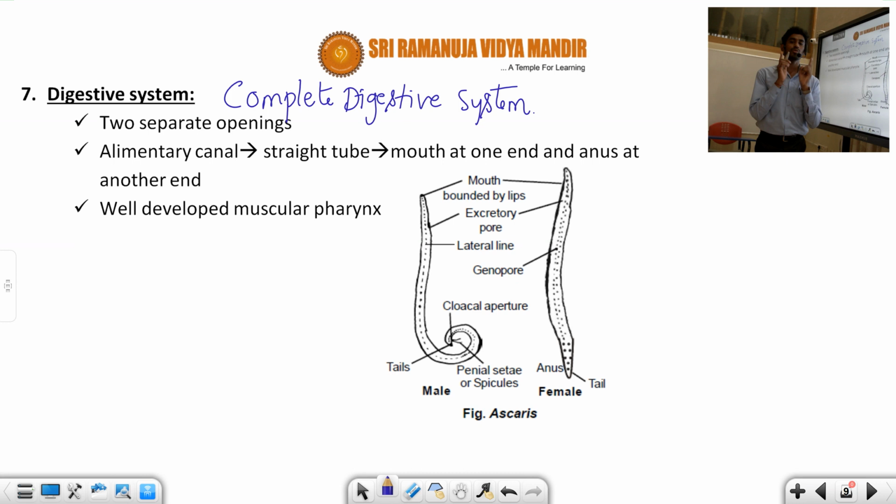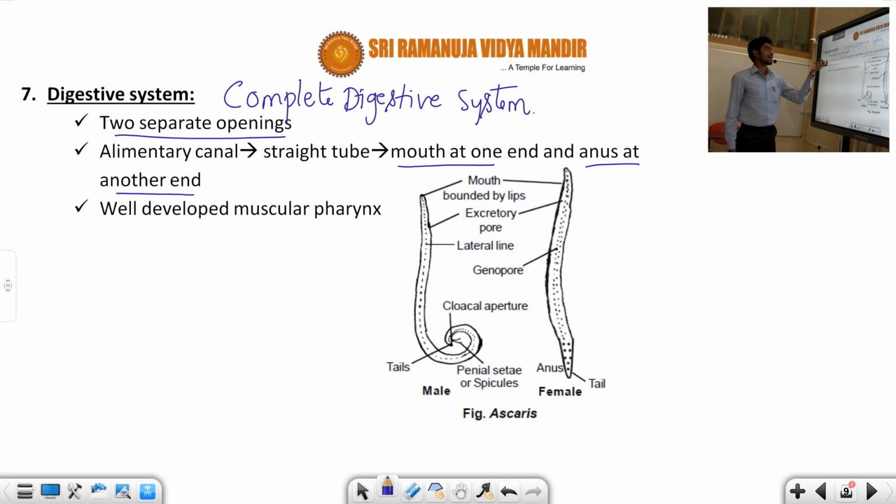But in the complete digestive system, there are two openings: at one end there is a mouth and at the other end an anus. So the alimentary canal is a straight tube.